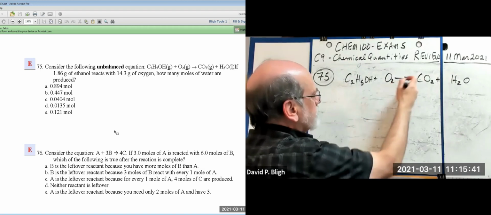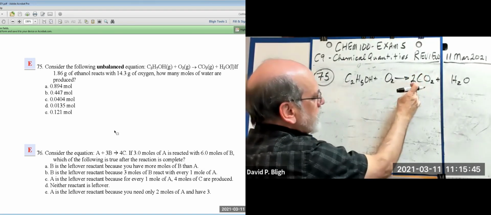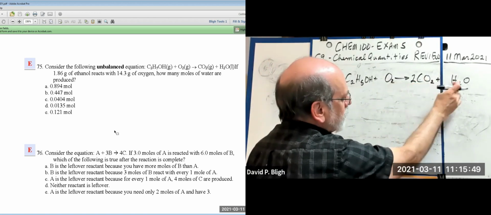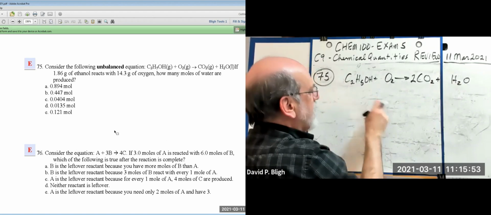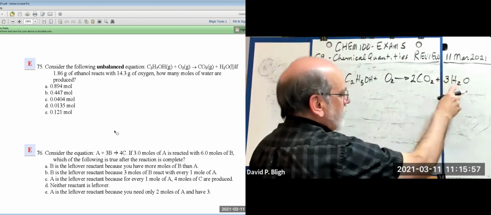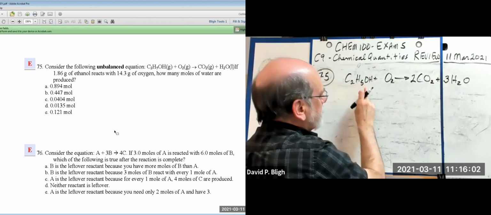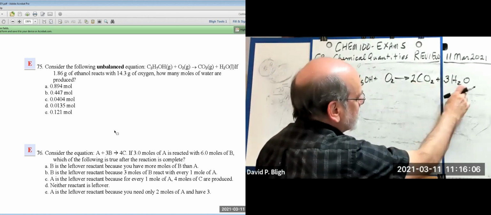2 carbons here, so 2 carbons there. So that means 2, 2. That means we've got 4, 5 oxygens, but we have 3 oxygens over here. How about hydrogens? We've got 6 hydrogens here. All right, so that's 6 hydrogens, taking care of that, taking care of the carbons. Now we have 4, 7 oxygens.